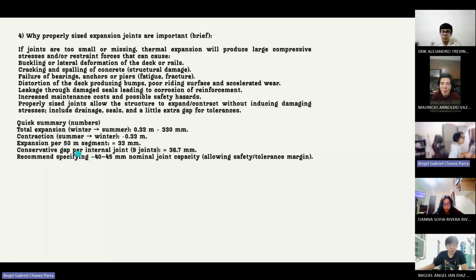Expansion per 50 meter segment is 33 mm. Conservative gap for internal joints with 9 joints is 36.7 mm. Recommended specification is 40 to 45 mm nominal joint capacity, allowing a safety tolerance margin.